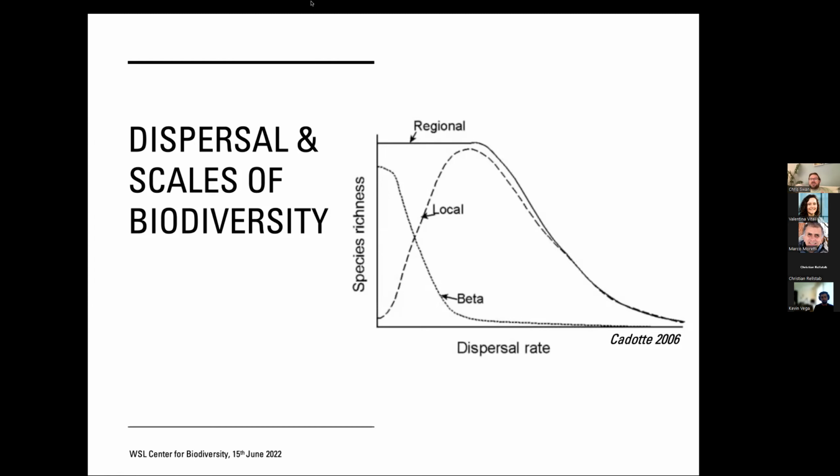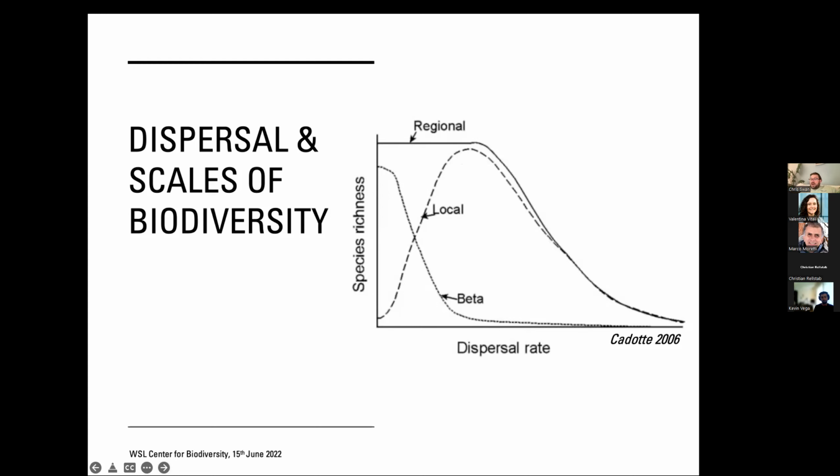And if you take a look at species richness at a location, this is work that was described by Cadotte in 2006, and look at dispersal rate, we can see that local diversity rises as dispersal increases, as more species show up, but then it slowly declines because you get a dominant competitor or generalist taking over all locations, and therefore regional species diversity also declines.